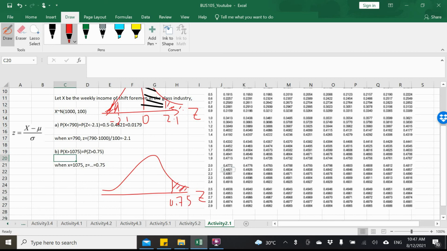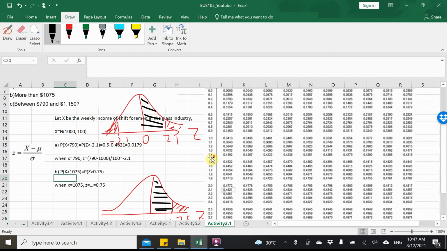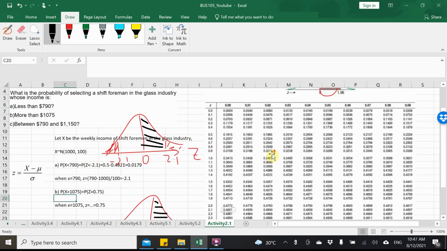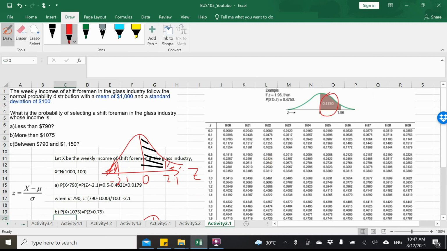So how to find the area of the right tail? Same as before, we can use 0.5 minus the black area. And what is the black area? We can use the table here. So let's see, z equals 0.75.